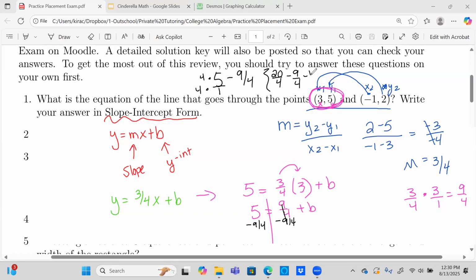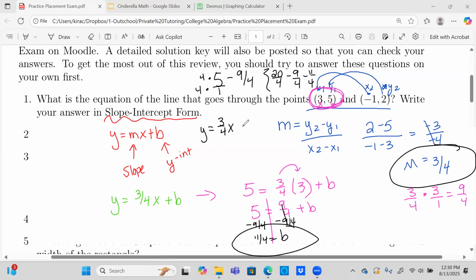So that's 11/4 is b. So we've got the m, the slope, and we've got the b, the y-intercept. Final answer: y equals 3/4 x, and then the b was positive 11/4. I would not go decimal. I would leave it in fraction form.